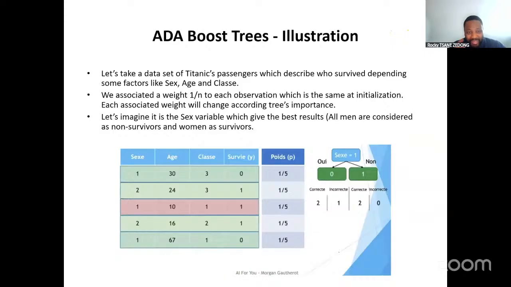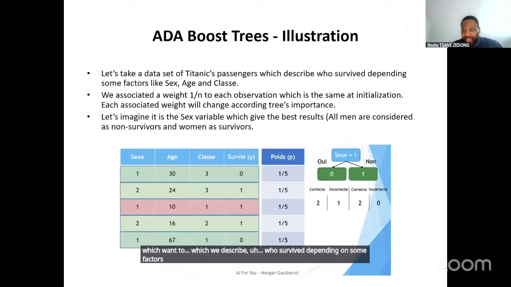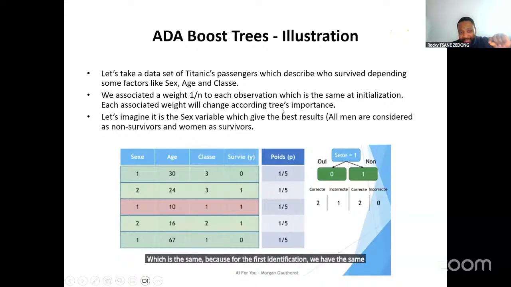If we have an example here, we have Titanic passengers, where we describe who survived depending on some factors: sex, age, class. We associate a weight of 1 to 5 to each observation, the same for the first three, because at the initiation we have the same weight.